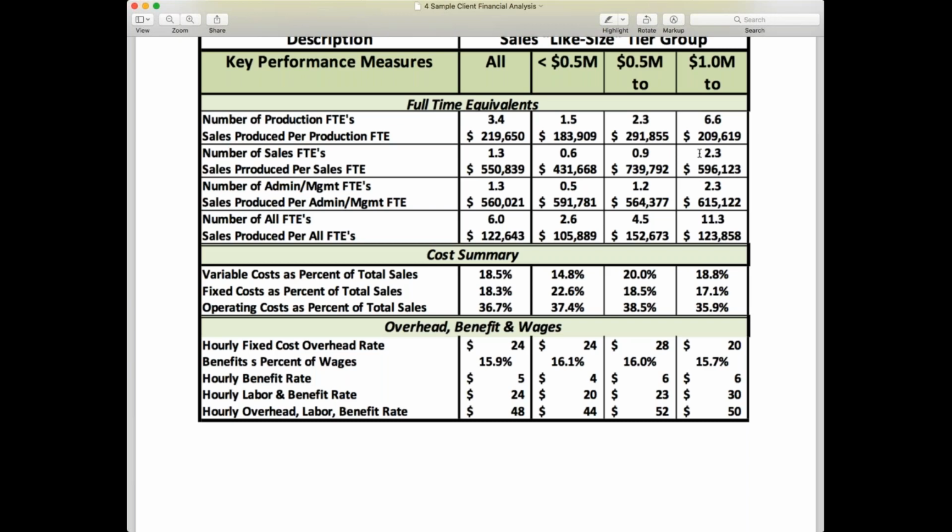So what this says is that the total sales, I think, average sales in that particular category is about $1.4 million. So each of the 2.3 salespeople, each one of them is producing the equivalent of just shy of 600,000.